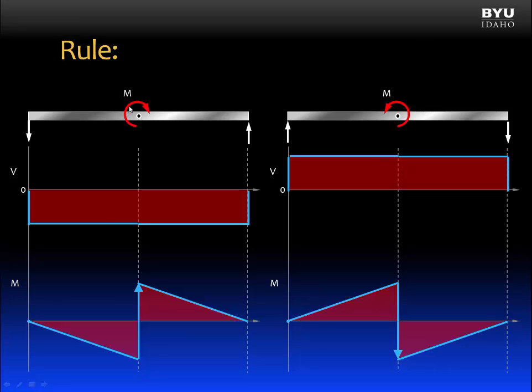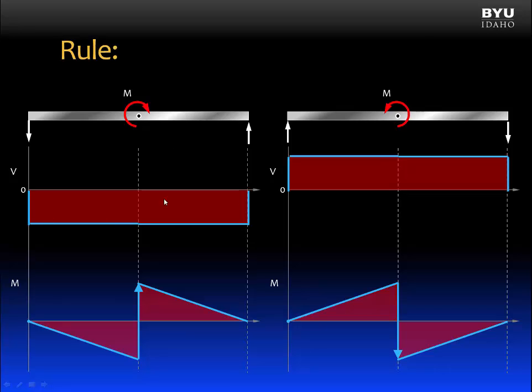If a point moment is applied on this beam in the clockwise direction, then the support reaction on the right will be pointing upward, and the support reaction on the left will be pointing downward. As if you were to grab this beam and twist it in this direction, it would push this end in the ground, so the support would have to push back. And it would try to lift the other end, so the support would have to hold it back. So that helps us understand the direction of our reaction forces.